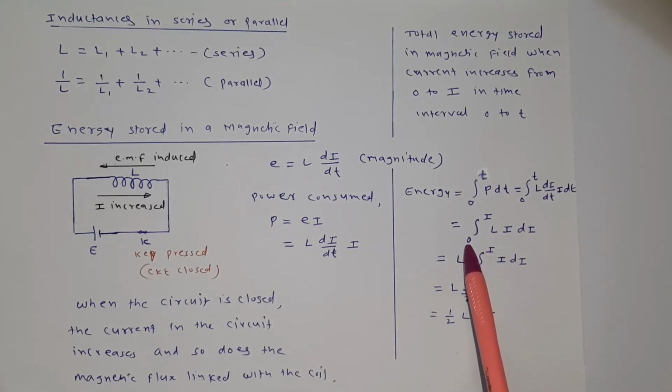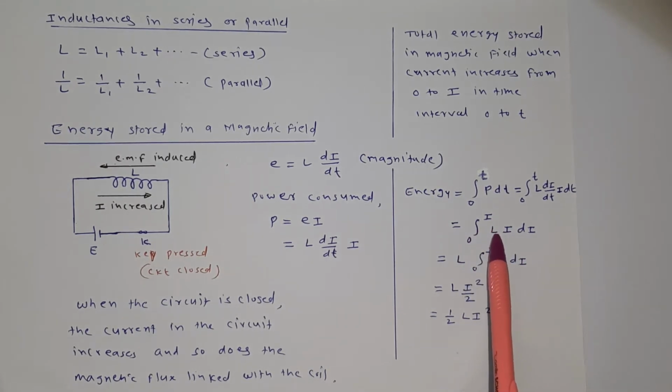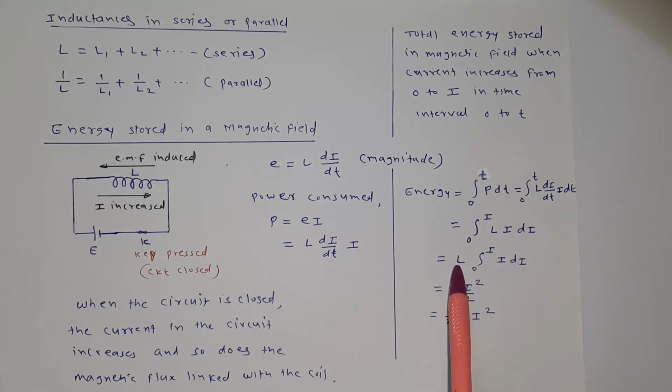Integration from 0 to I, that is, current increases from 0 to maximum I. L is the constant of proportionality that we took outside, that is self-inductance. Integration of I di from 0 to I is I square upon 2, so we get half L I square. That means energy is equal to half L I square.